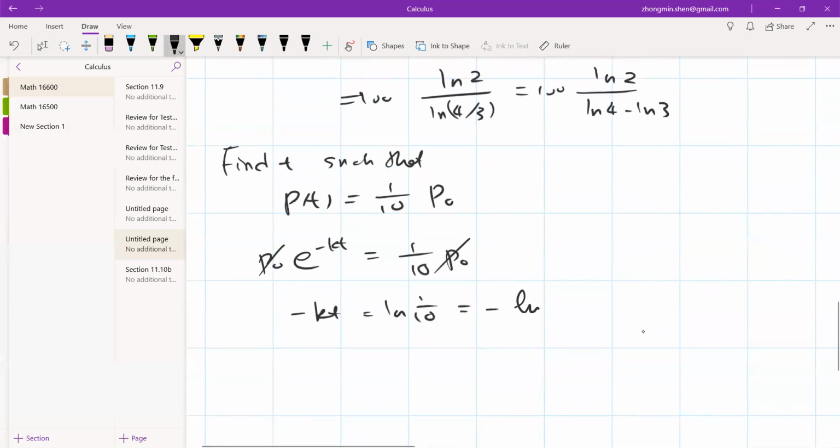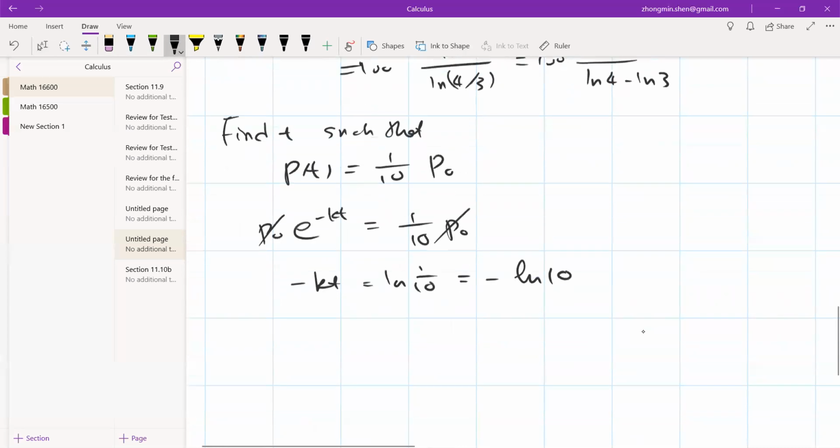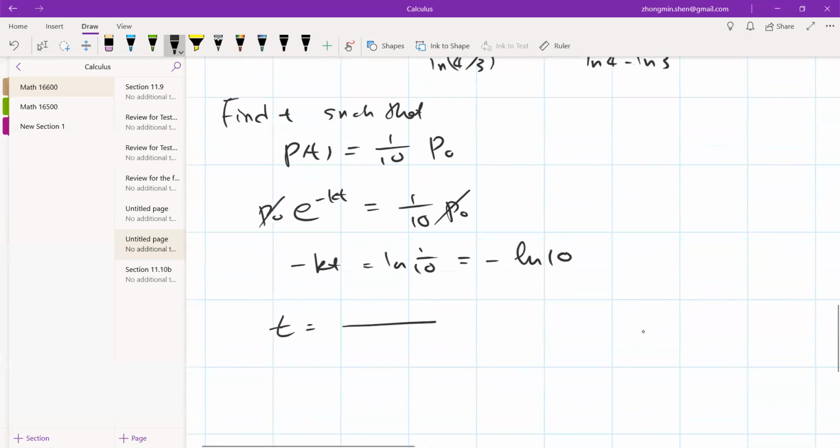The time t is similar to the half-life, but instead of natural log of 2 it's natural log of 10 divided by k. So as long as you know the value of k, you can determine the time.